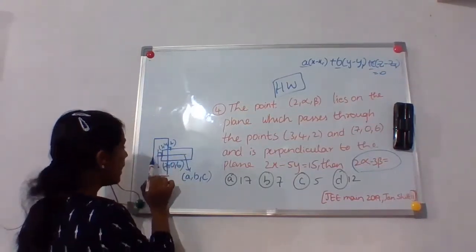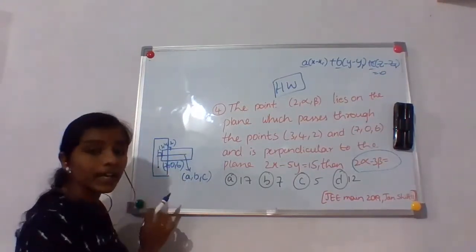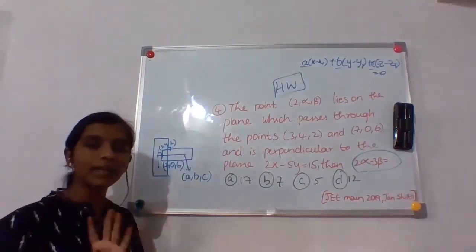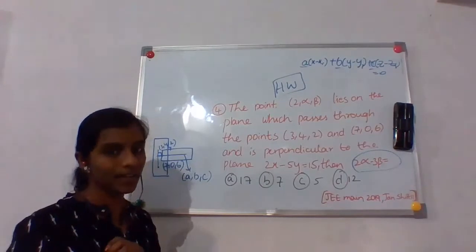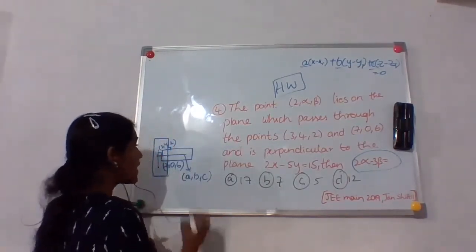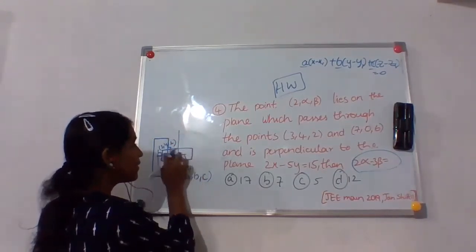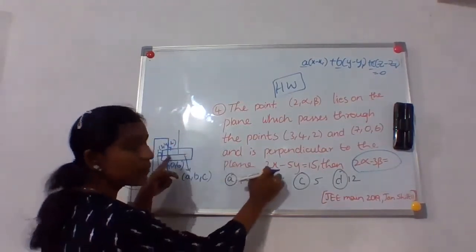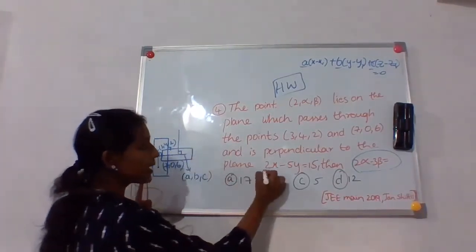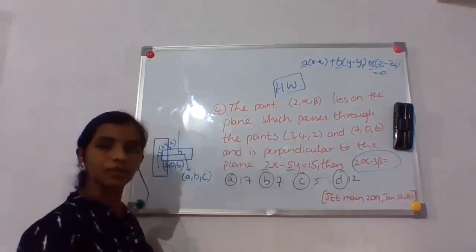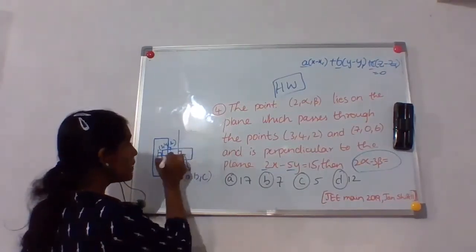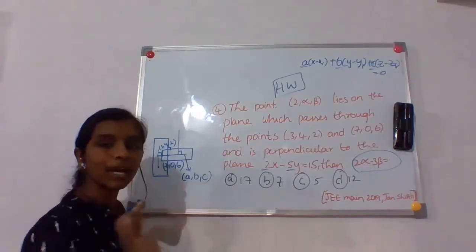Here I can use the perpendicular condition for this line and this normal. This line's direction ratios I can easily find because I have 2 points on that line. I also know the direction ratios of the normal to the other plane, which is perpendicular to the required plane: they are 2, 5, 0. So I can use the perpendicular condition for this normal and the normal a, b, c.